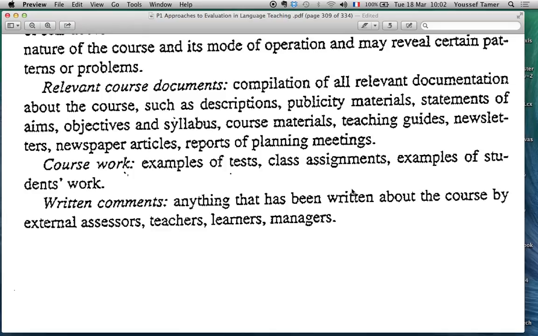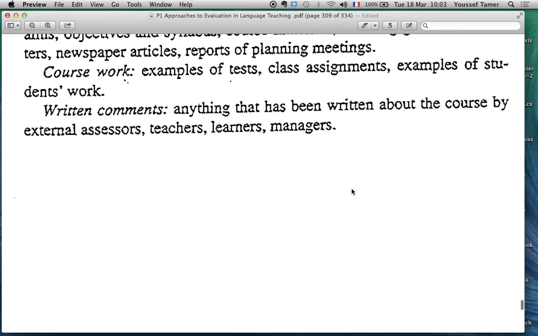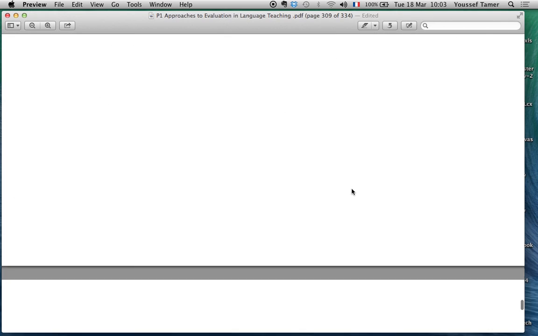Course work, tests conducted, class assignments, homework, materials used, bibliography. Also written comments, anything that has been written about the course by external assessors, teachers, learners, and managers, like somebody from outside who visited and then talked about the program.